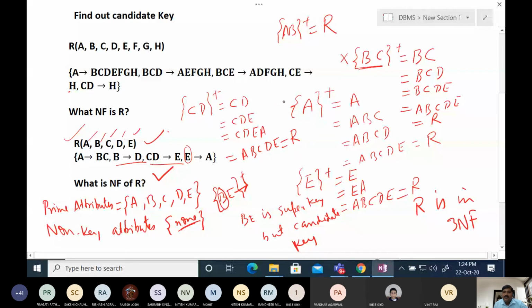We will find out the candidate key of R with the help of the algorithm closure of an attribute set.